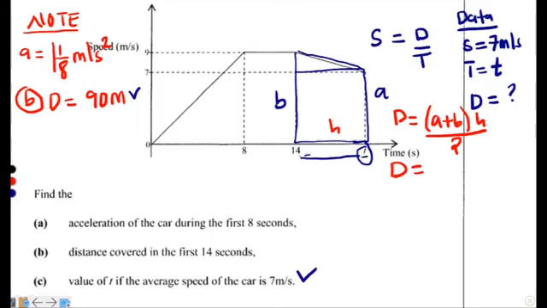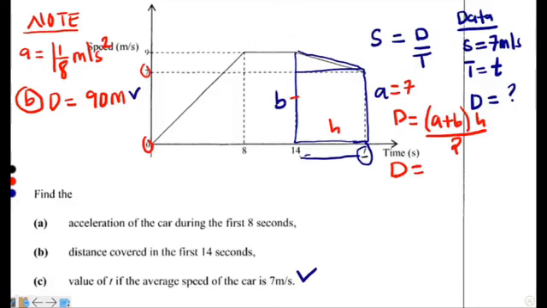So this value of a is from 0 up to 7 right here, so it's 7.